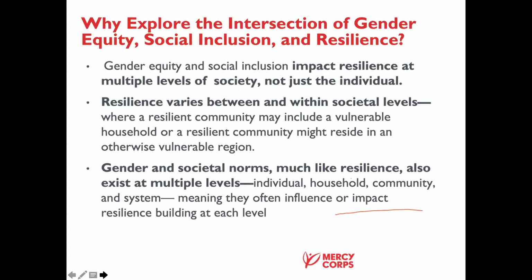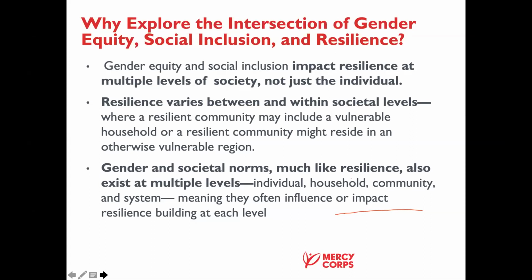You will find that where there is a resilient community, you may find a vulnerable household in that community. And on the other side, you might find a resilient community that is existing within a vulnerable region. So you see the two somehow intersect at different levels, and they are intertwined within the communities that we are working in.